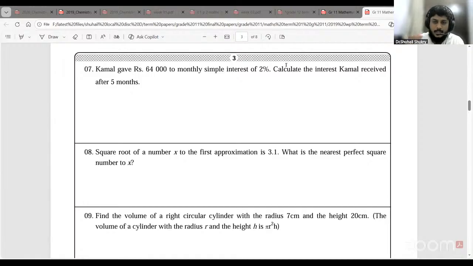Put the answers for 7, 8, 9. Put the question number and you can put the answers: question number 7, question number 8, and question number 9.